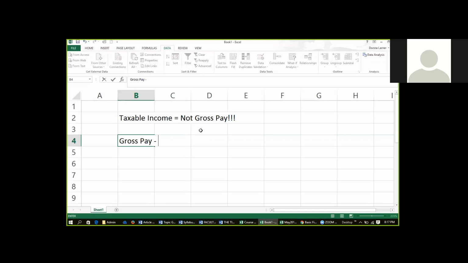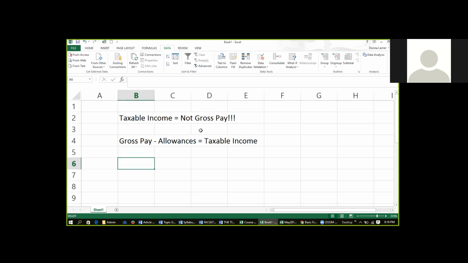So your taxable income comes from your gross pay minus your allowances. So if you take away so much for every child that you have, every dependent you have, you can reduce your gross pay to make taxable income. So generally the number that you see on your W-2 isn't your gross pay.